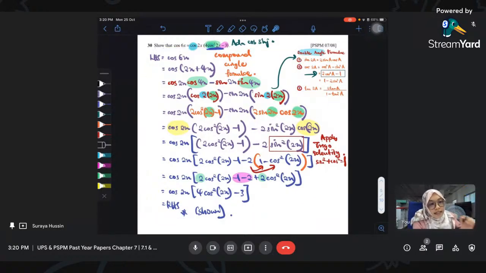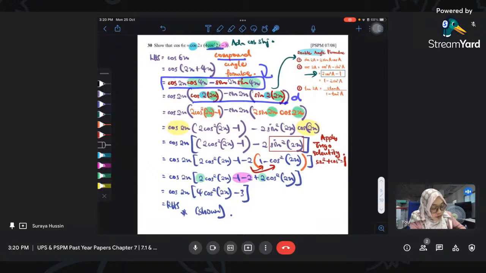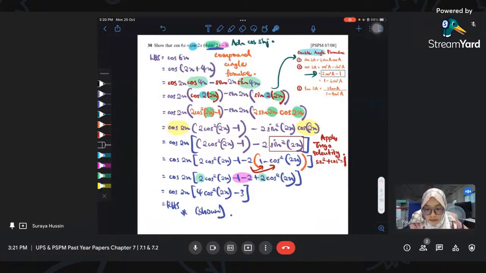I did it many times, and only then could I find out that I had to apply compound angle first, and after applying compound angle, then apply double angle. You know? These things are very complex, to be honest. I believe many students don't really like this proving, but we still have to learn, no matter how much we struggle with it.